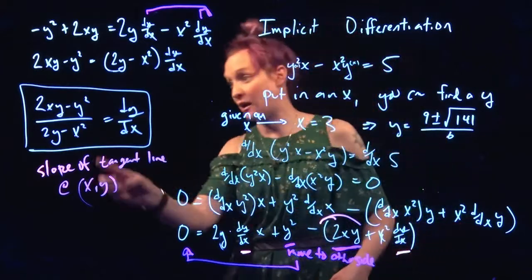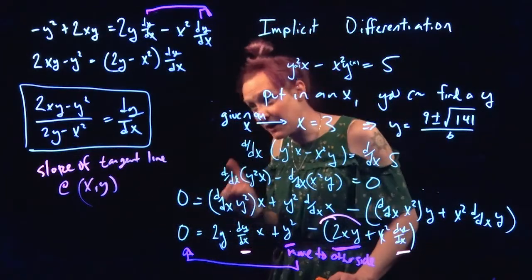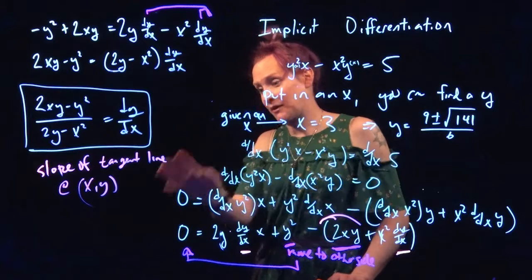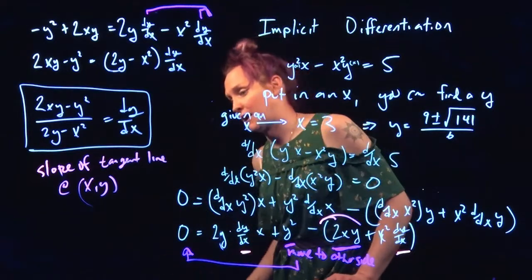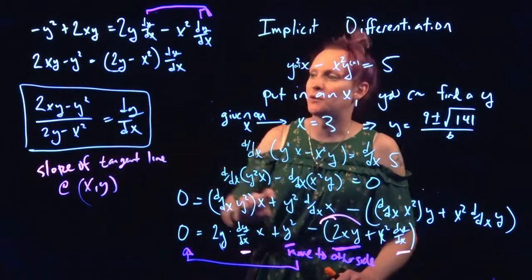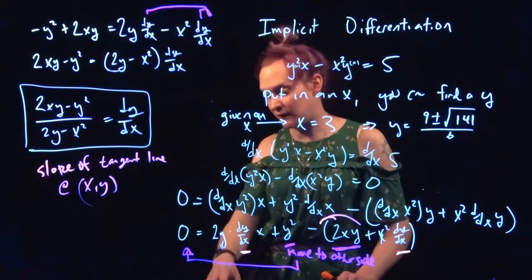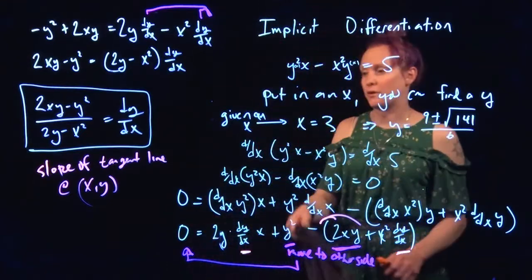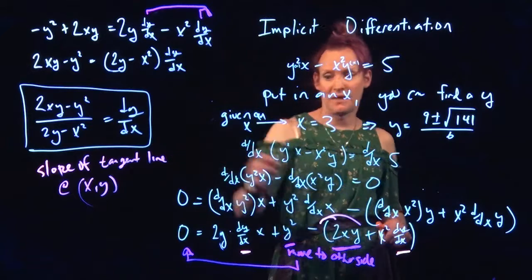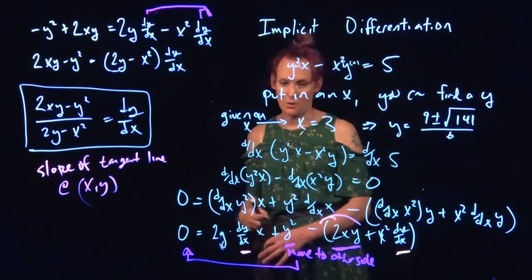It doesn't tell me how I got x and y. It only says, given an x and y, how do I get the slope of the tangent line at that point? It's by this formula right here. So as a function of the coordinates on the curve, what is the slope of the tangent line? That is. Okay.